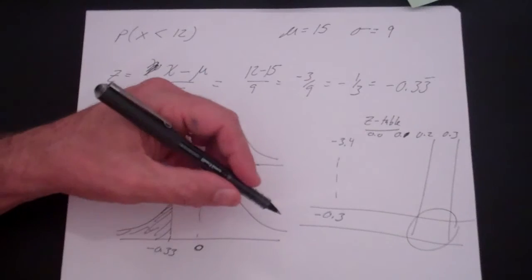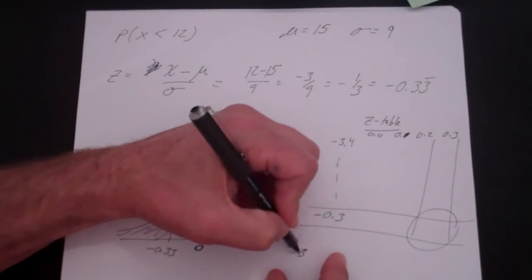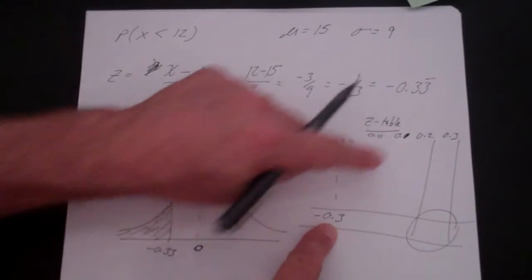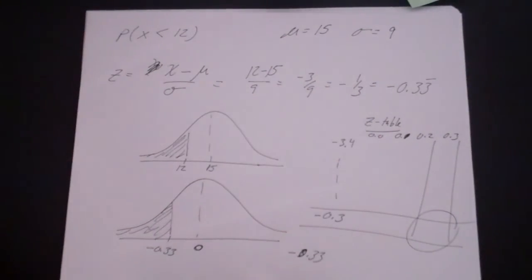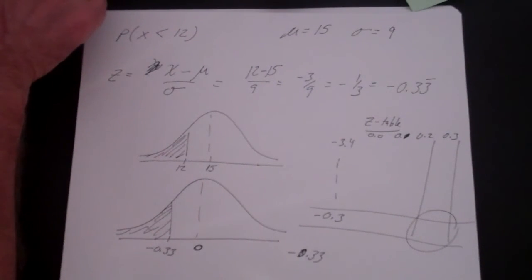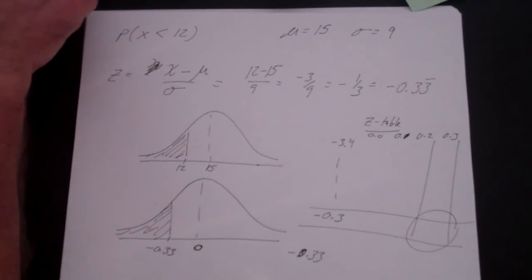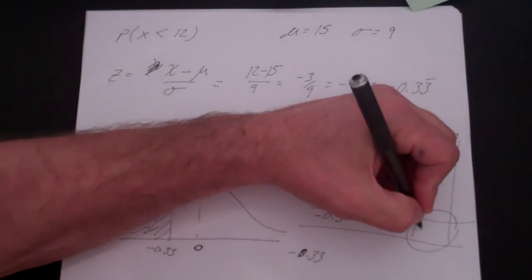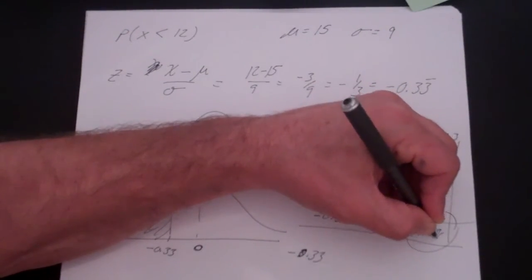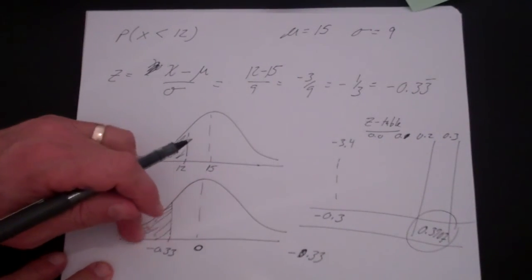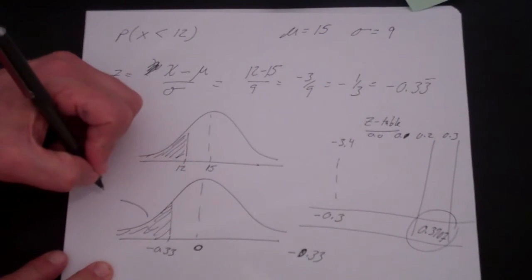And right there is minus 0.33, right? Go to minus 0.3, and come down. Look at yours and I'll look at mine, and you get 0.3707. So in other words, the probability of falling less than will be 0.3707.